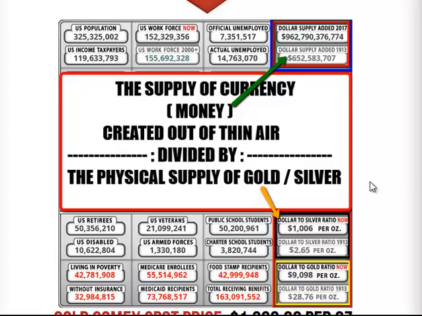Psychologically, if you have no reference to this, that sounds like a crazy number. But you have to keep in mind that at several points in U.S. history and world history, gold and silver always did an accounting for the paper supply in existence. And this is where the opportunity lies. Let's use silver in this example: for every ounce of silver that you can purchase right now for about $20 per ounce, when you divide that into the money supply that's being created, that ounce of silver is really worth $1,000.